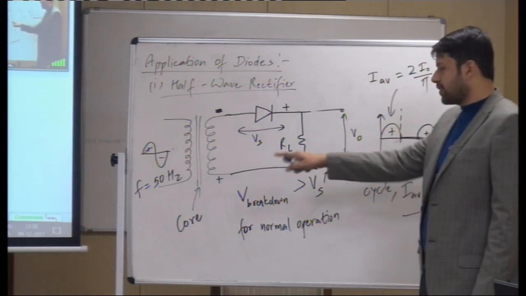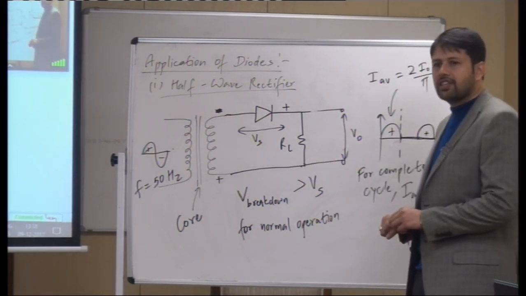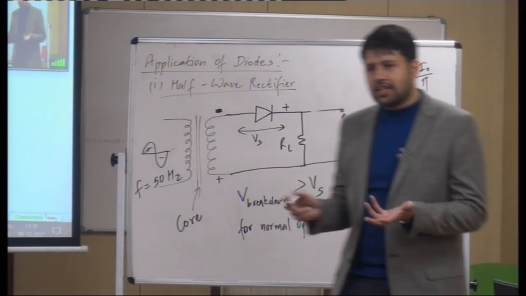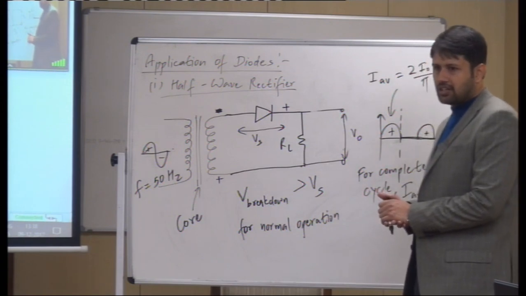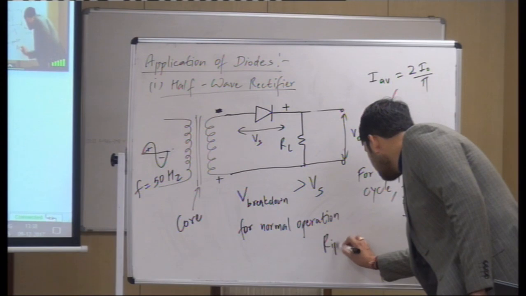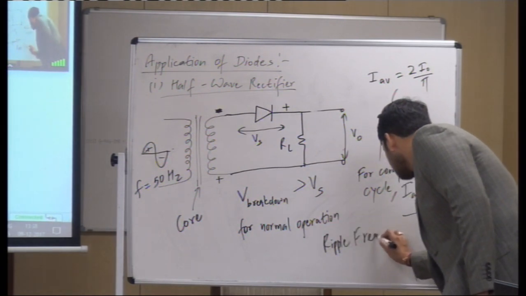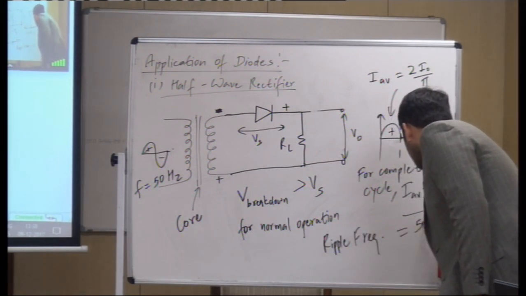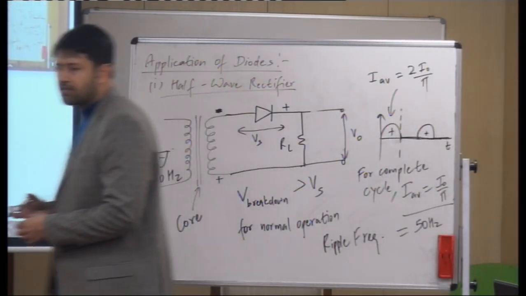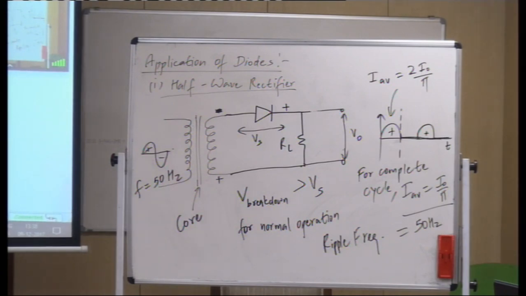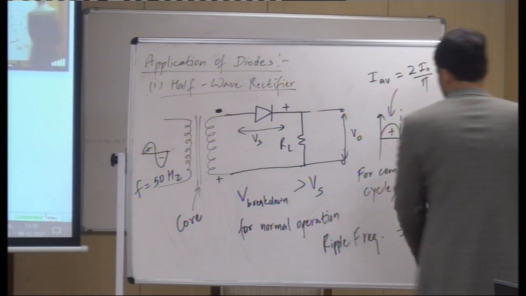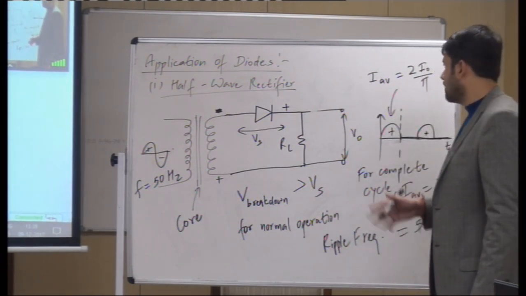So basically 50 hertz is the frequency of AC and 50 hertz would be the frequency of ripples. Why? Because one cycle produces one ripple. So in 50 cycles it would be 50 ripples. So ripple frequency is 50 hertz. There are some more aspects, but we would discuss them a little later when we finish full wave as well, aspects of filtering actually. Shall I raise this?